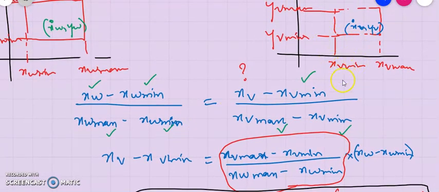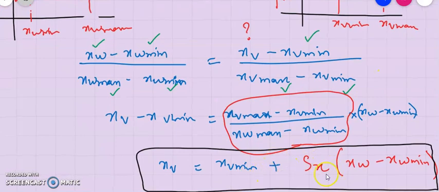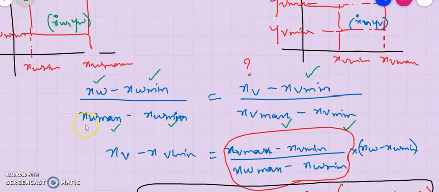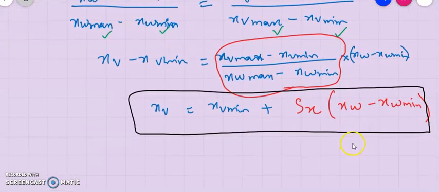So XV minimum plus the relative proportions that are to be maintained using the window x extent and viewport x extent, multiplied by XW minus XW minimum. So this is how I am going to get my XV.